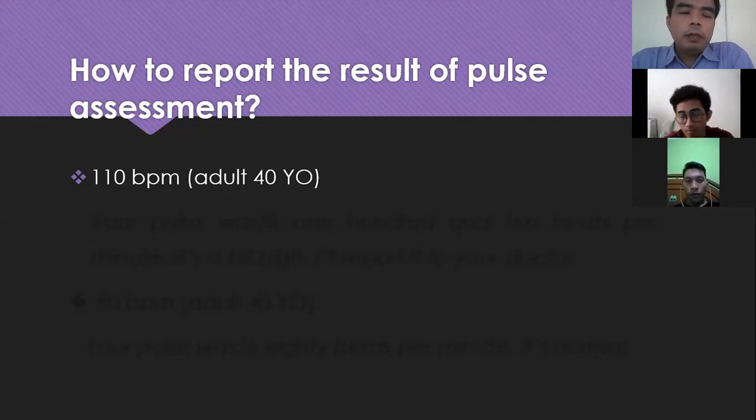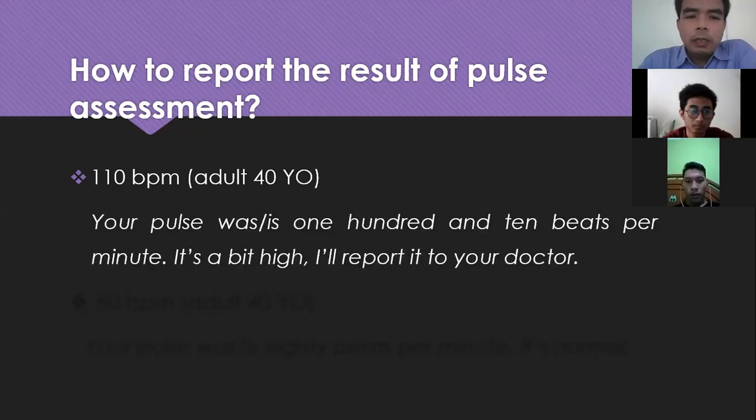For example, 110 beats per minute. This is for an adult, 40 years old. So you can read, your pulse was 110 beats per minute. It's a bit high. I'll report it to your doctor. You can also use present tense. Your pulse is 110 beats per minute. It's a bit high, and I'll report it to your doctor.